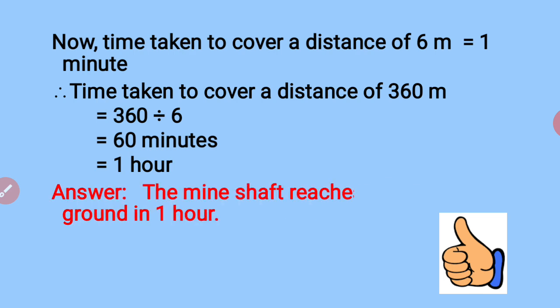So we can say that the lift reaches 350 meters below the ground after 1 hour. It takes complete 1 hour to get to that point, that is 350 meters below the ground.